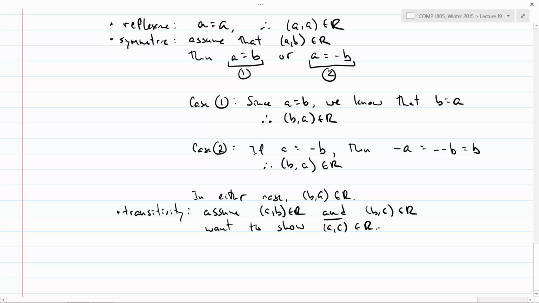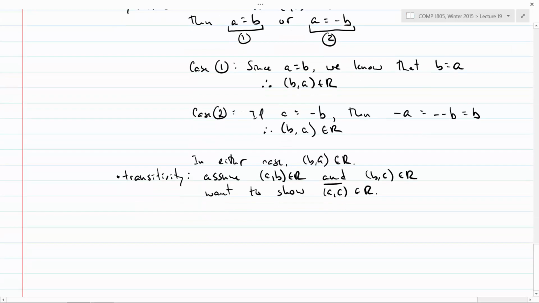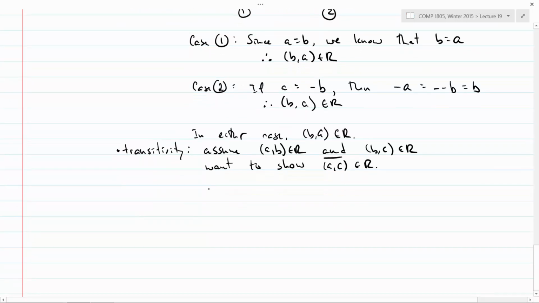So in a transitive proof, you do a direct proof, and now you're assuming two things. All right, so you write down what you know. So if AB is in R, then I know that A equals B or A equals minus B, by definition.